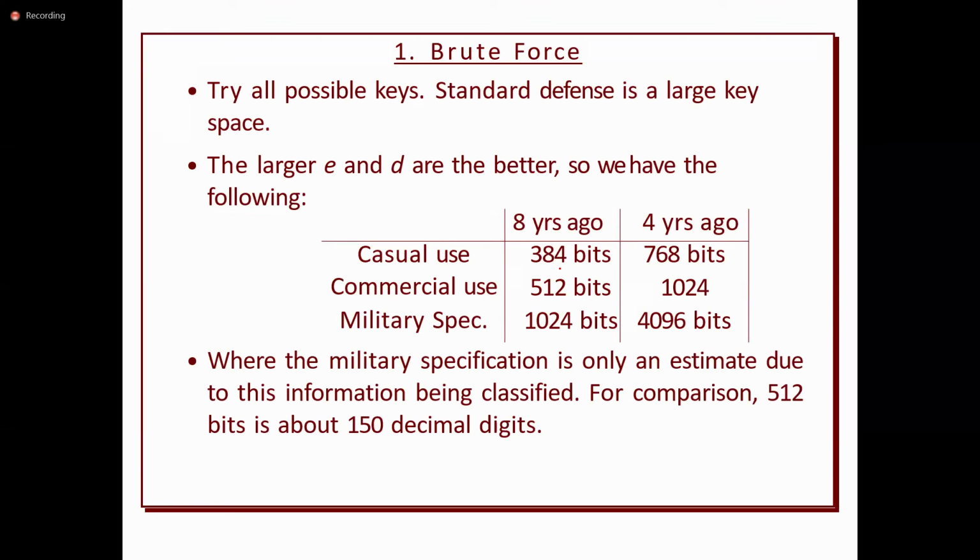Brute force is nothing but trying all the possible keys. In the RSA algorithm, it depends on the size of the prime numbers we take. If we take the prime numbers as simple integers, the size matters, like 384 bits or 512 bits.